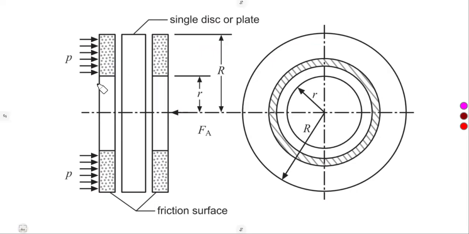So we are going to be having the force, all right? In this case, the force is the axial force, or the applied force. So that is our force, our axial force.